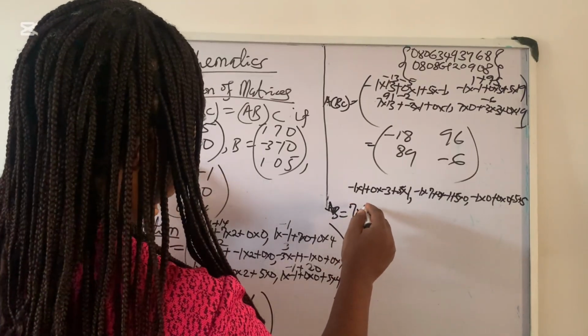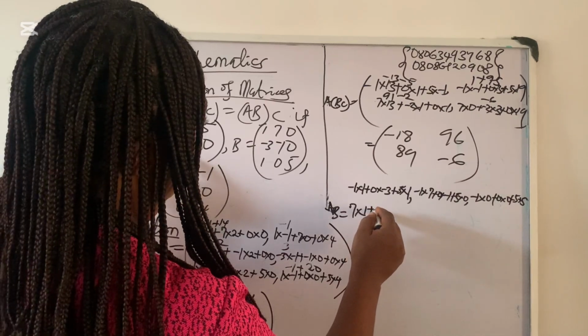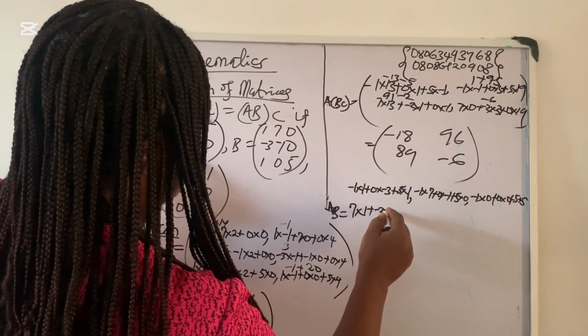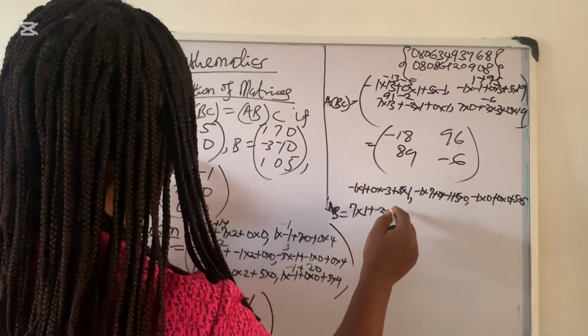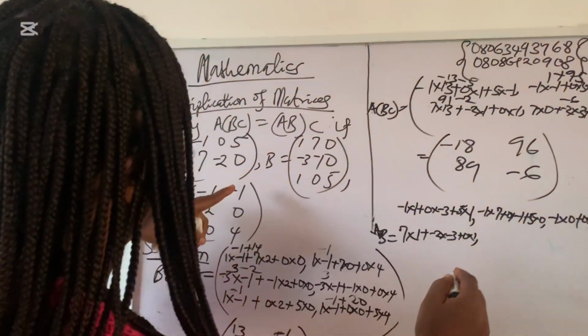7 times 1 plus minus 2 times minus 3 plus 0 times 1.